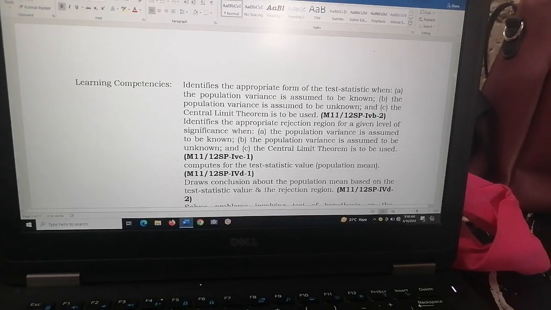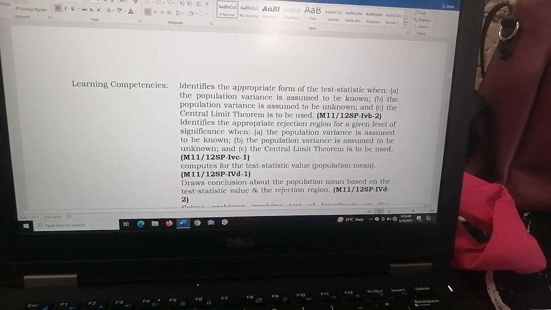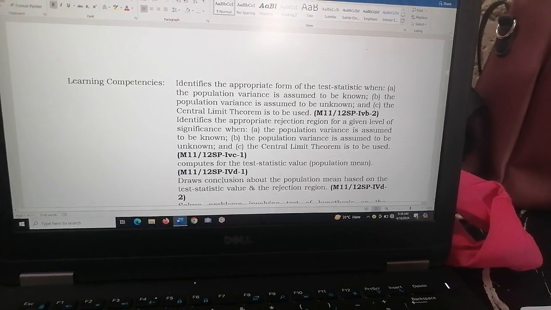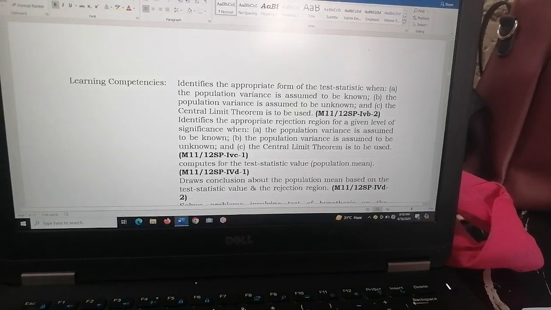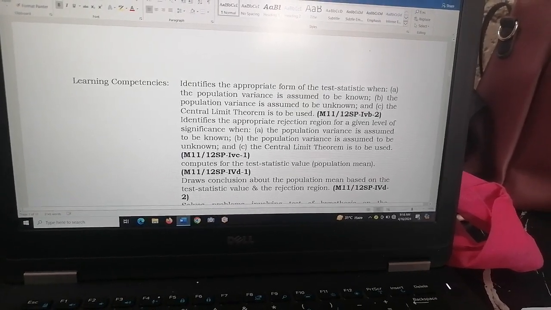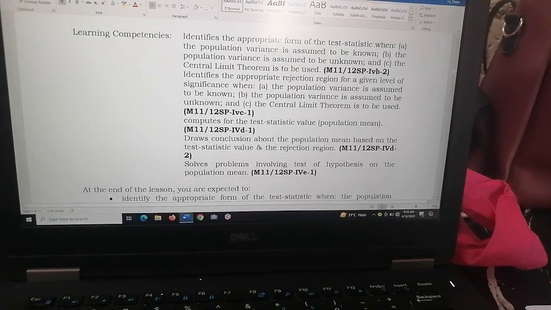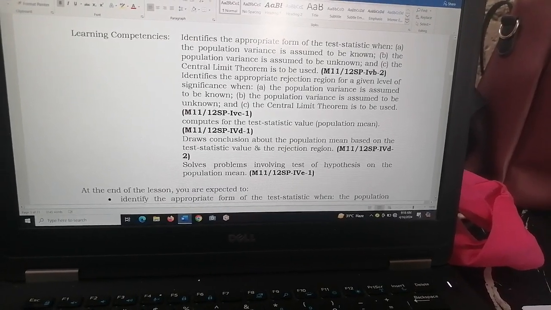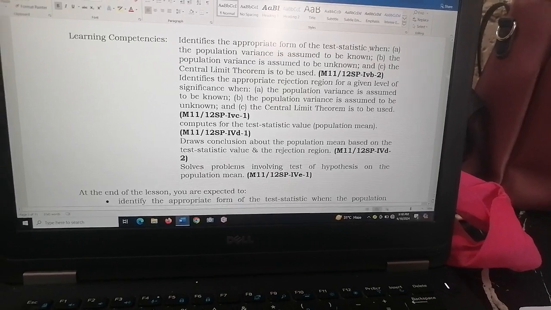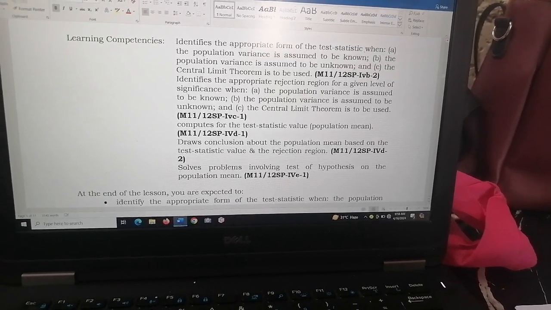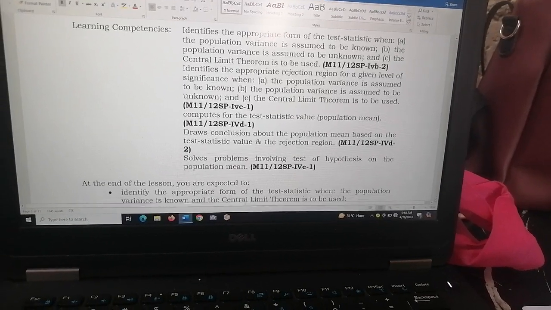Then, identifies the appropriate rejection region for a given level of significance, when A, the population variance is assumed to be known; B, the population variance is assumed to be unknown; and C, the central limit theorem is to be used.